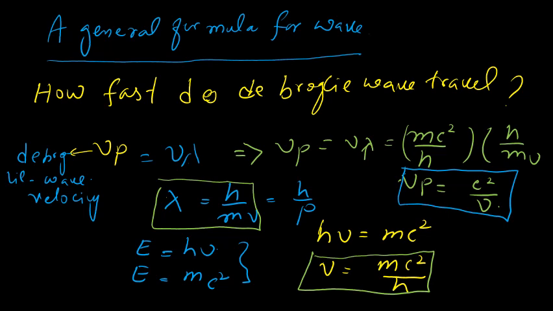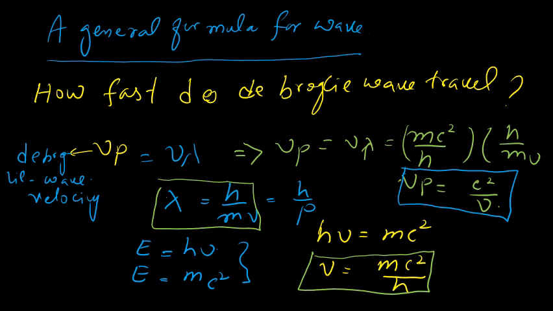It tells us that the particle velocity v must be less than the velocity of light c, but here you can see that the de Broglie wave always travels faster than the speed of light.